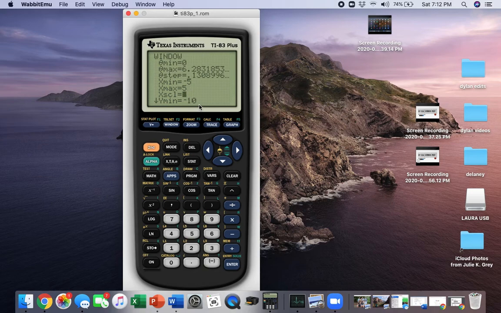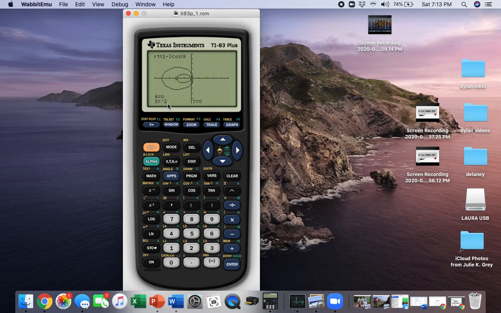I don't need to go all the way out to -10, and I don't need to go down to -10 either. And let's graph this thing. There you go. Hit trace, and notice that there's my graph, 1 minus 3 cosine theta.